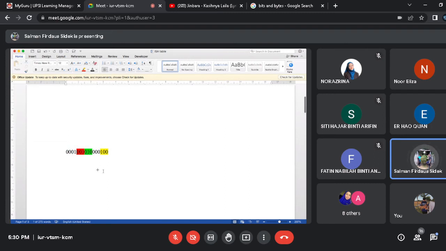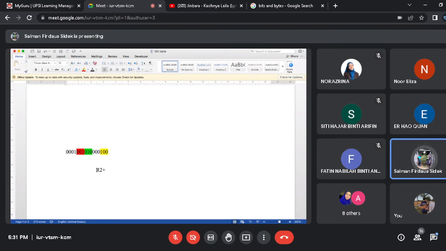Okay, so 001 is add. SR1 is the green one, so the first operand is located in register number 2. 010 is 2, and then the second operand is located in register number 4. Remember, we have 8 temporary registers, starting from R0 to R7.